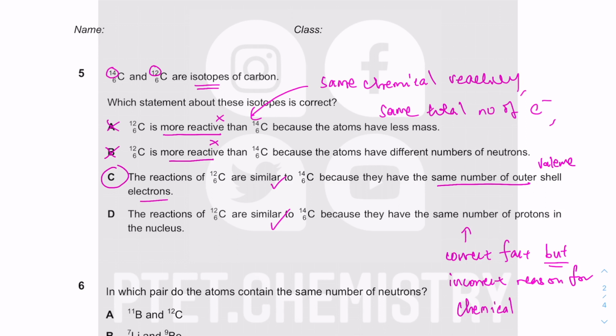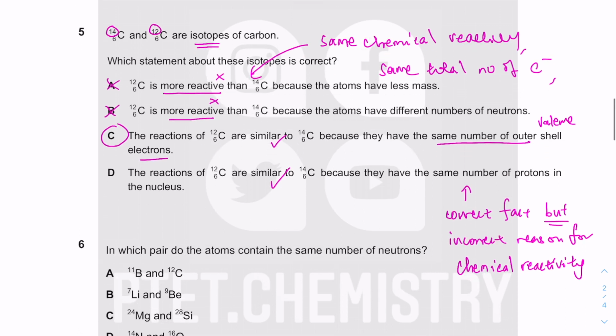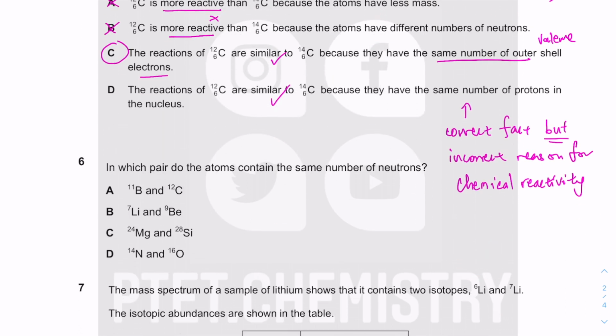When we're talking about chemical reactivity, we are talking about the reaction of the outer shell electrons, and it has nothing to do with the nucleus, because that would be nuclear chemistry, nuclear physics. Nuclear chemistry is essentially nuclear physics, okay? It's essentially just physics. When we talk about chemistry, it's to do with electrons, your outer shell electrons that react. So a correct fact is not necessarily a correct reason for the observations that we are talking about. So be very careful of that, yeah?